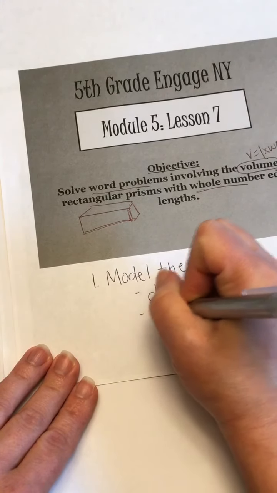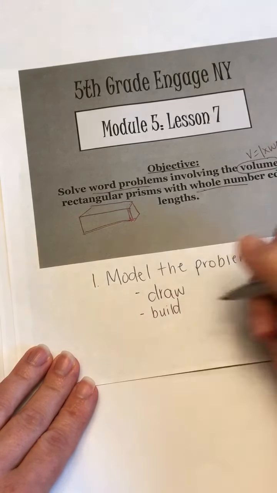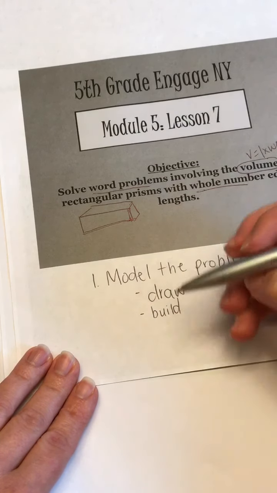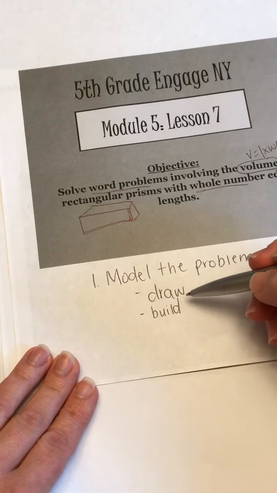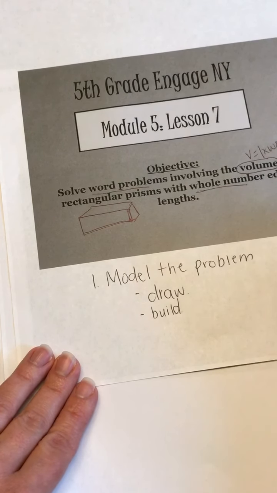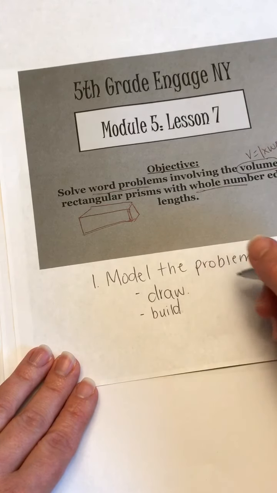Maybe for you that means build. Remember that building is not our most efficient method for solving those, and so we want to move away from the building and into the drawing. But if you still need to build, then that's the very important part for you to do. And so when we get to school tomorrow and you have your Unifix cubes, you can definitely build these problems.